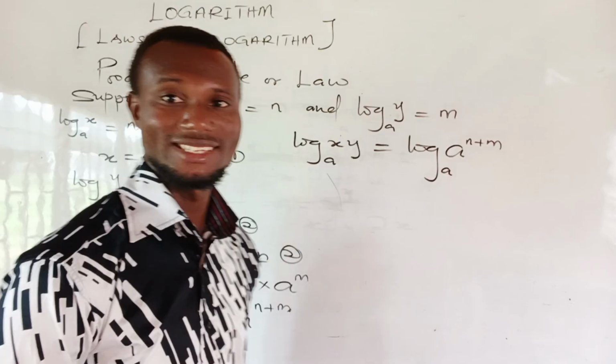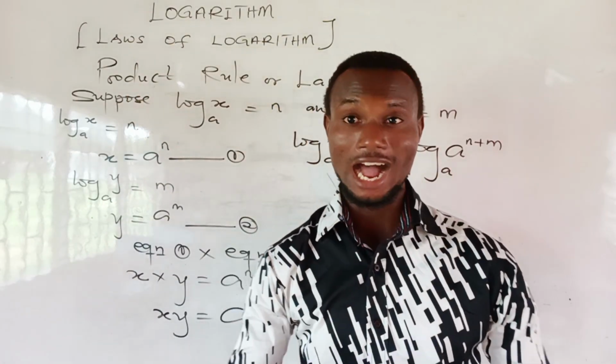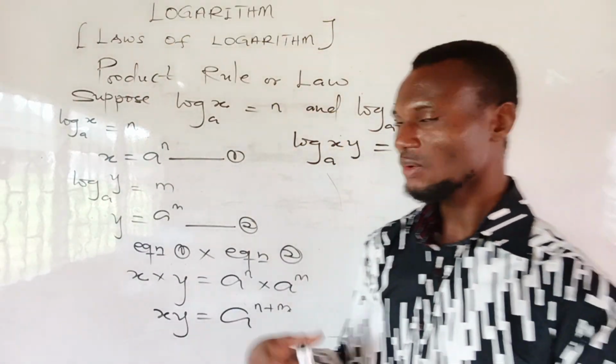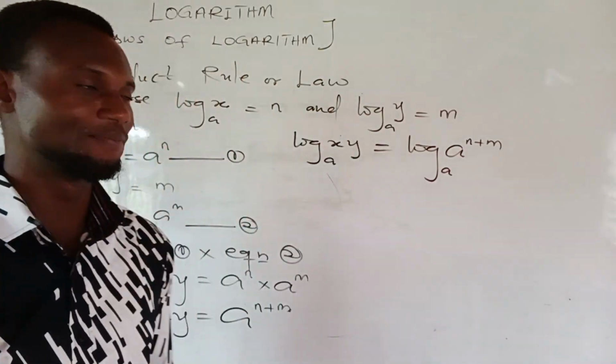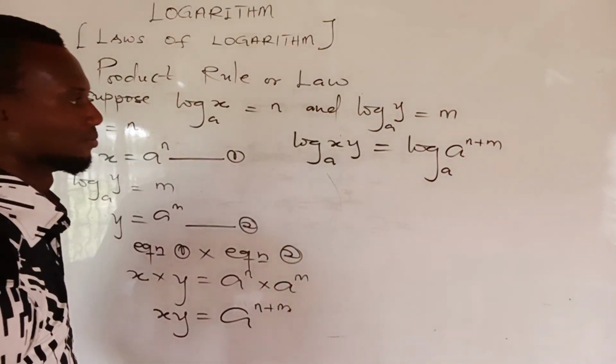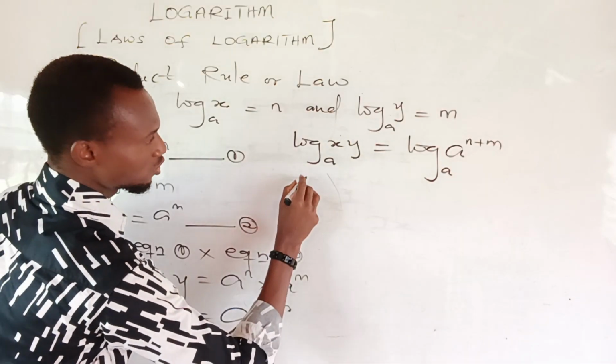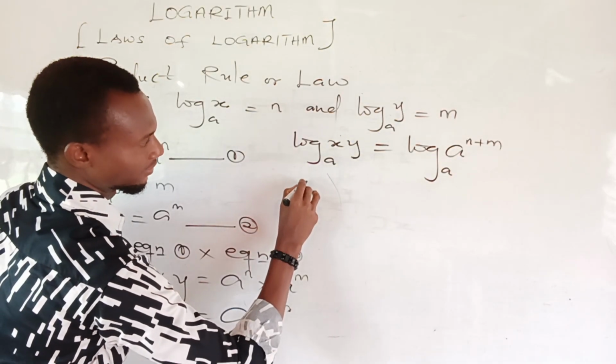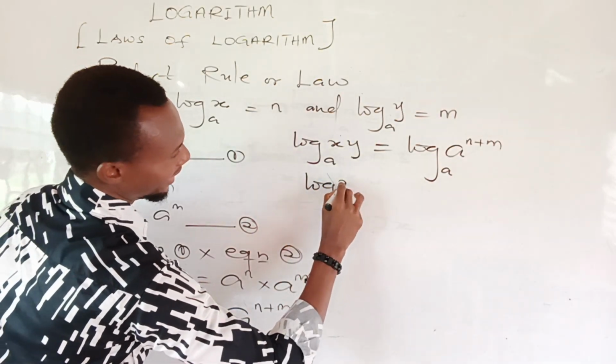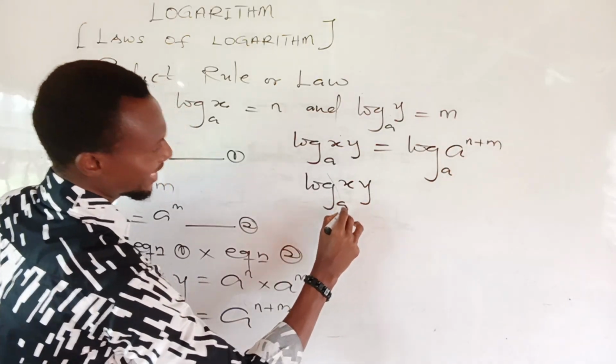I hope you understand and you agree with me up to this point. Now we are just going to go further and do some basic simplification. Now I'm going to maintain my log sy to the base a here.